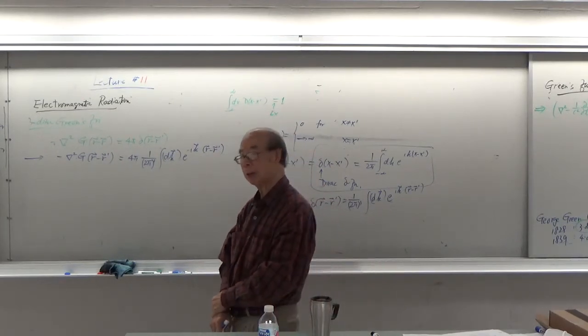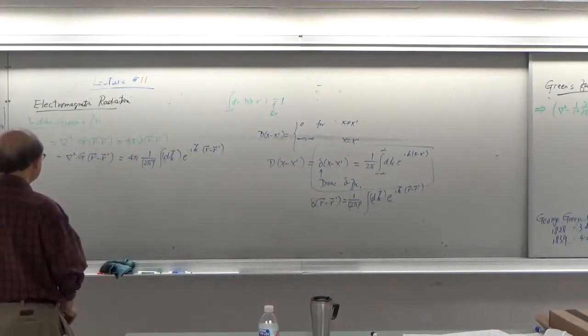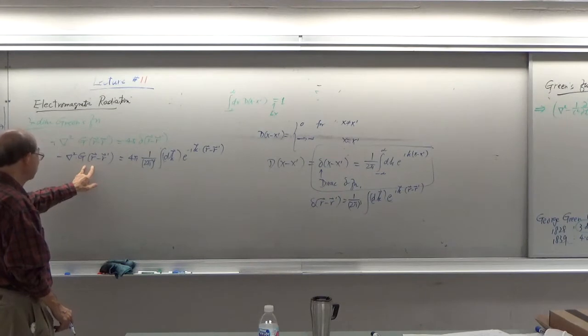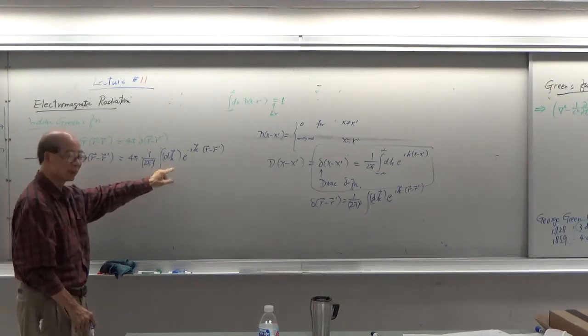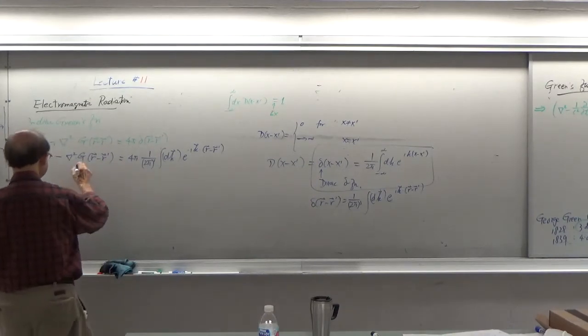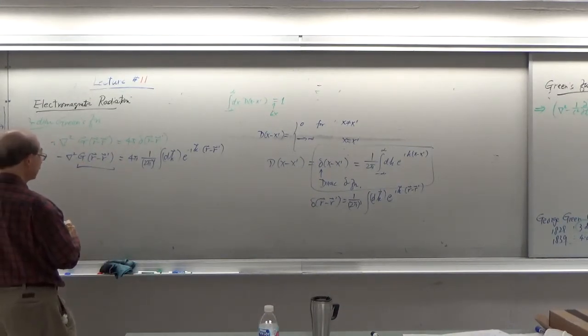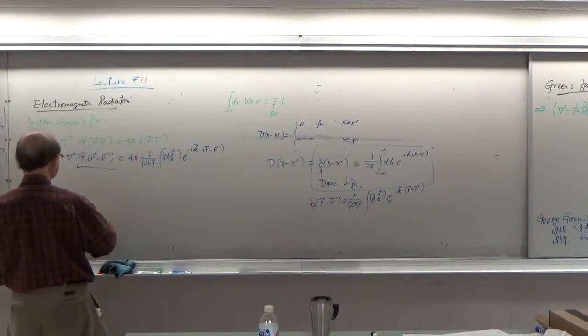Well, at this point, if you're smart enough, you say, let me in fact write the Green's function in this form. So that's the guess, but it's a good guess.